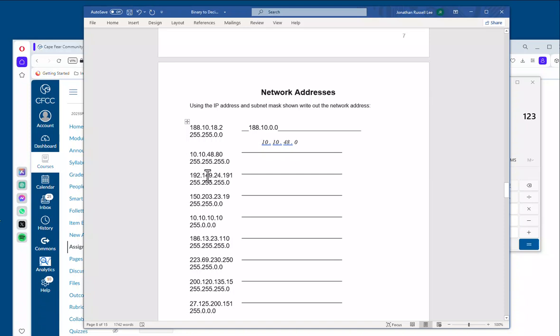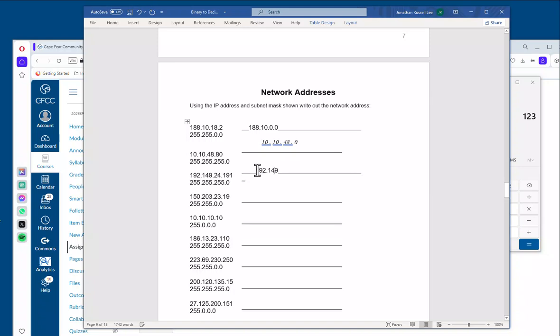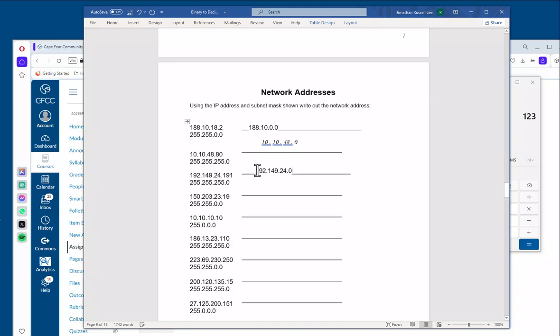So 192, 149, and they've been kind enough to put the mask right here. So over here, we're going to type in 192.149.0.0. I'm going to delete some of those dashes just to clean things up.